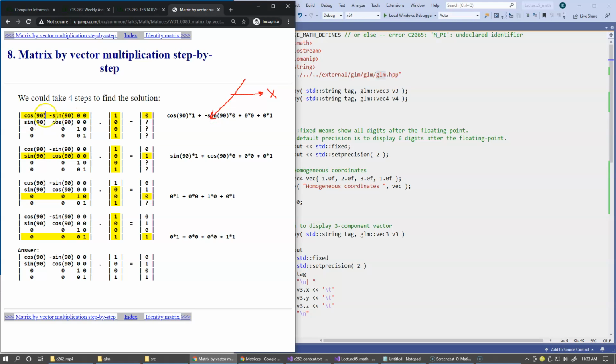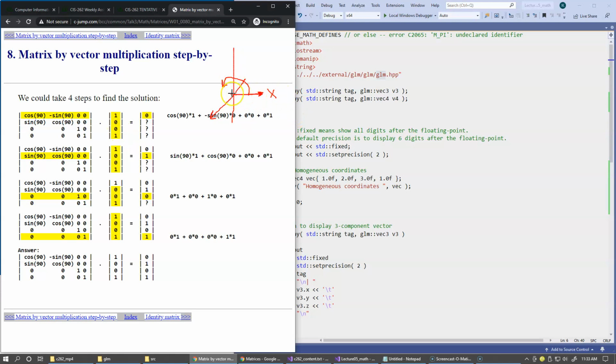A positive angle of 90 degrees here will rotate our vector counterclockwise in this direction. So this is the y coordinate, this is the z coordinate, and this is the x coordinate, and this is our original vector. It's basically x is 1, y is 0, and z is 0. So it's this vector, and we're trying to rotate it.